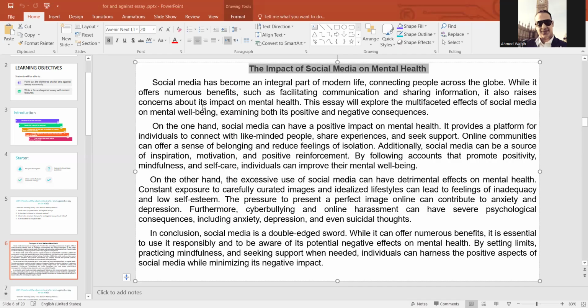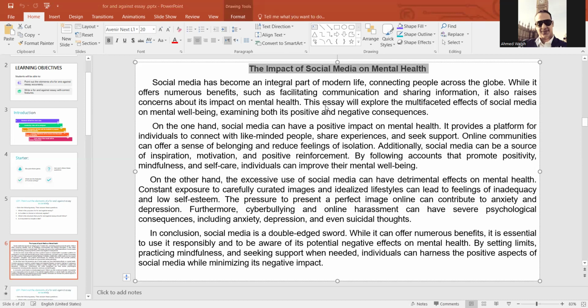While it offers numerous benefits, such as facilitating communication and sharing information, it also raises concerns about its impact on mental health. So here you talked about some positive and negative points, or both views. You're presenting both views that you will talk about later in detail in the main body paragraphs.